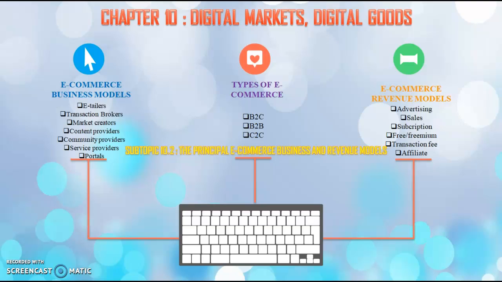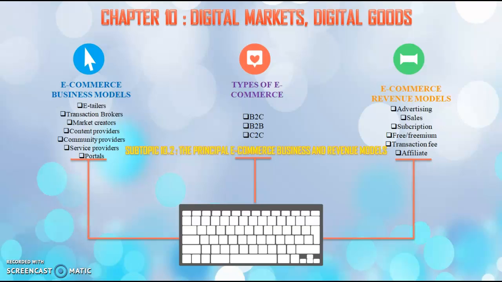Fifth, the transaction fee revenue model. A company receives a fee for enabling and executing a transaction. For example, eBay provides an online auction marketplace and receives a small transaction fee from a seller if the seller is successful in selling an item. Last, the affiliate revenue model.